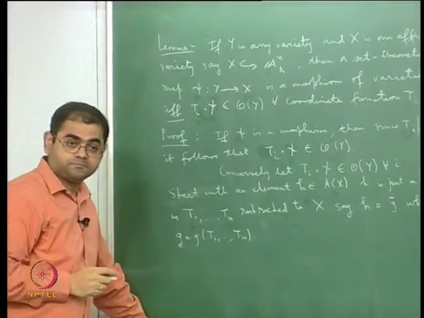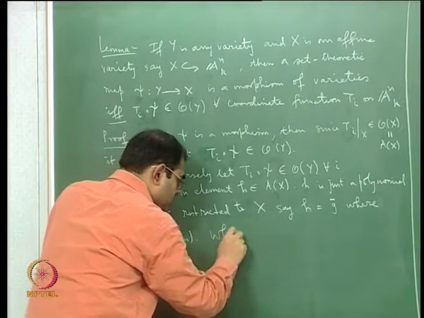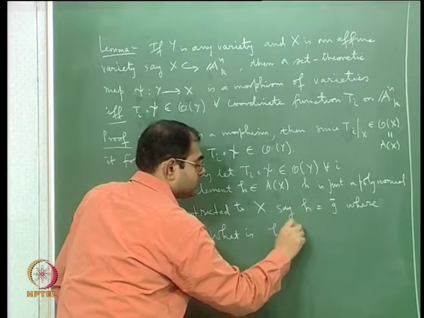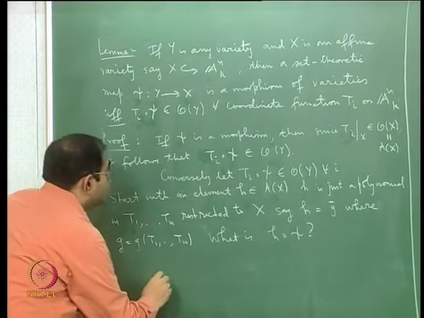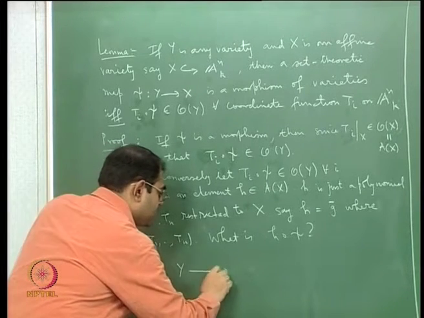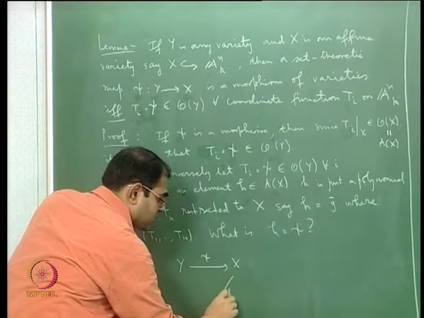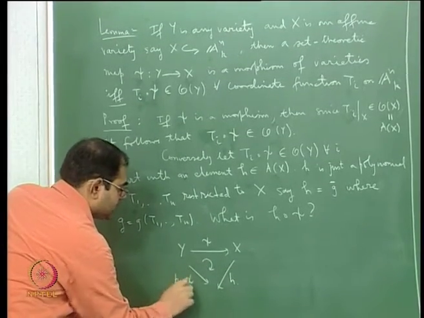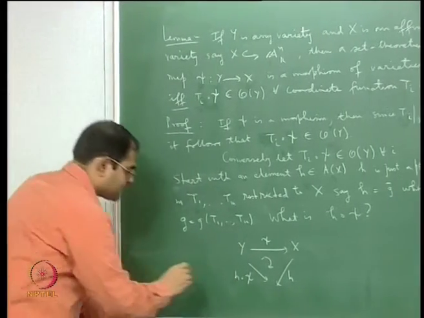So what is H circle psi? Let's calculate this. Basically what's happening is that I have Y, I have psi, I have X, and here I have a polynomial H, and this is my map H circle psi. It is just the pullback of H under psi. It is just psi star of H.